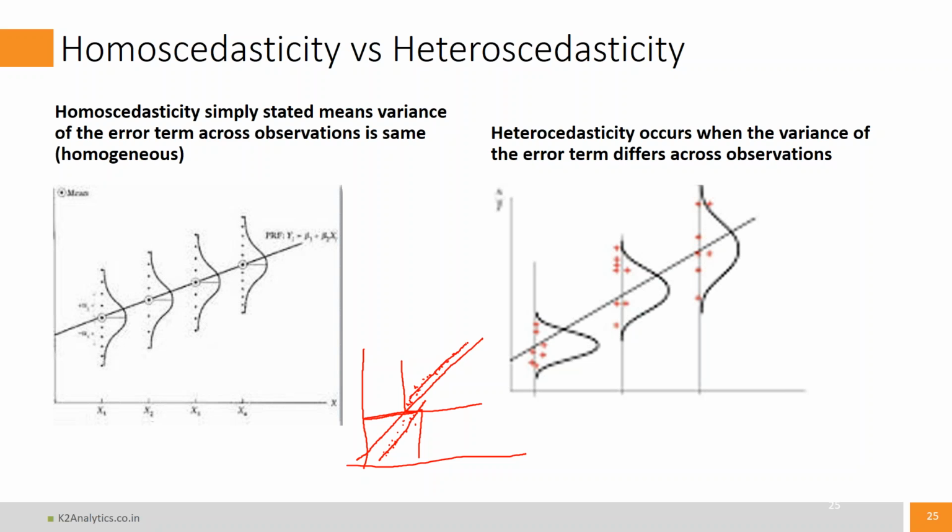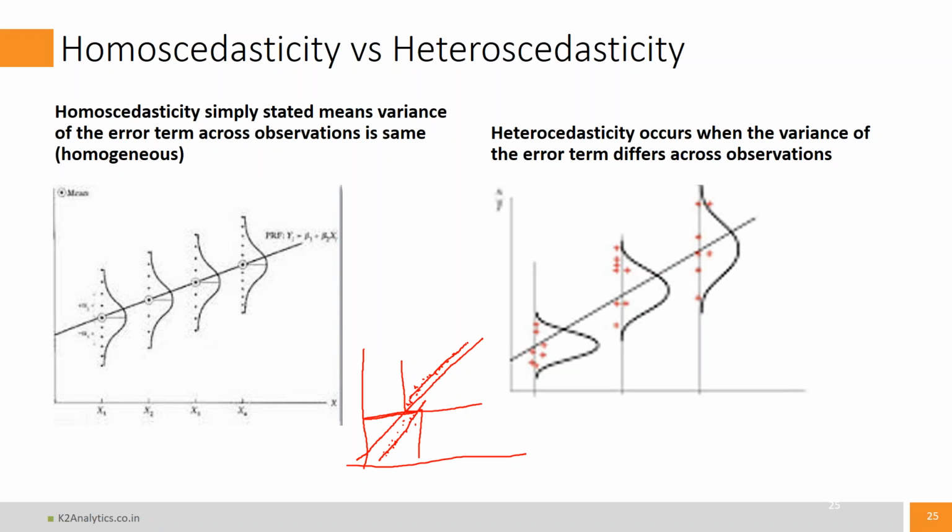So if there is heteroscedasticity in the error term, building one linear regression model may not be the right solution. Probably a linear regression model may not be able to solve the problem, or if you still want to use linear regression, then you may have to build multiple linear regression models. The basic assumption in linear regression is that data should be normally distributed and the error term should have homoscedasticity.